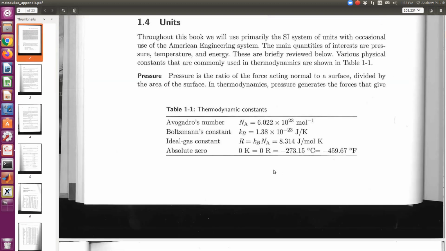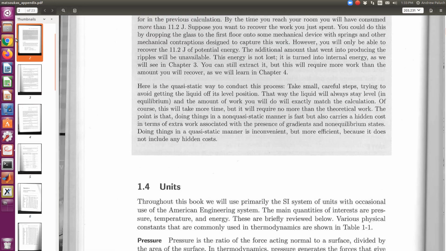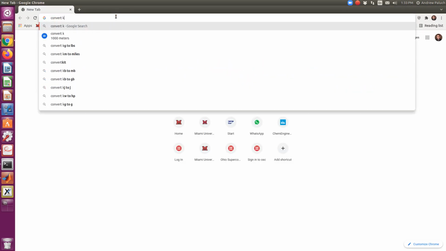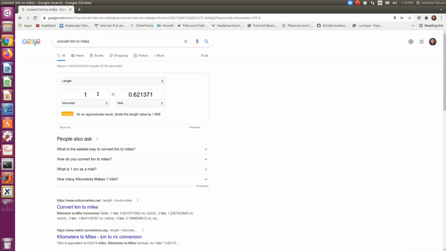And here's R and KB if you wanted it up here. So let me open up a new window, and I'm going to convert kilometers to miles. So actually let's see if we can go in reverse, so let's go from 1 mile to a kilometer.